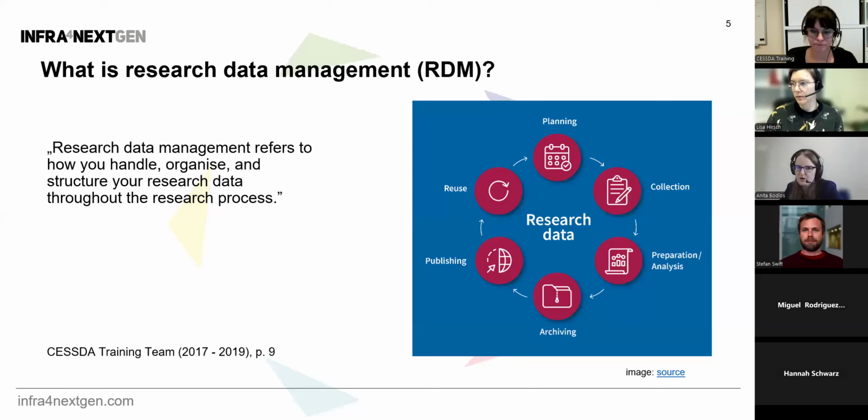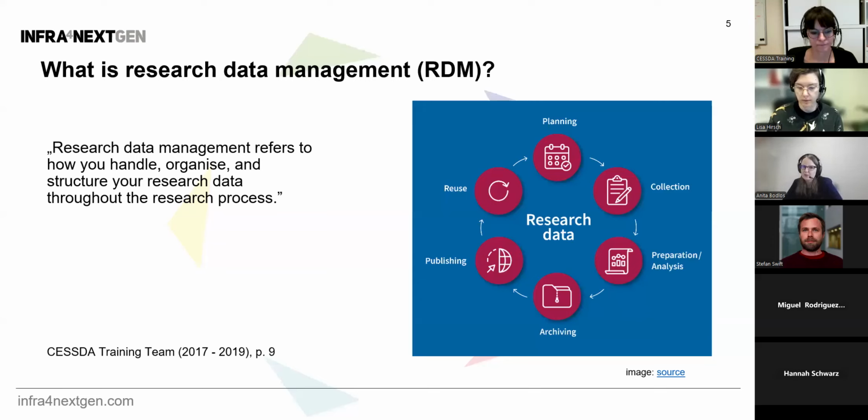When it comes to archiving, the main question is usually where to publish your data and in what way to curate your data and prepare your data for archiving. Then the next step usually is publishing your data, and finally reusing data, or, if you work yourself on a project, preparing your data in the best possible way so that it can be reused by others.